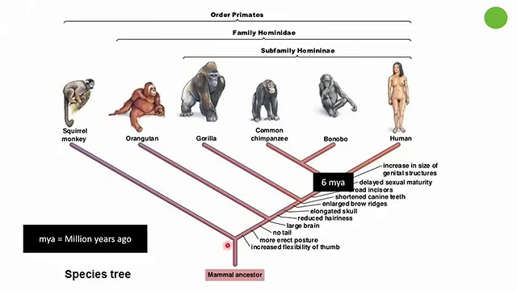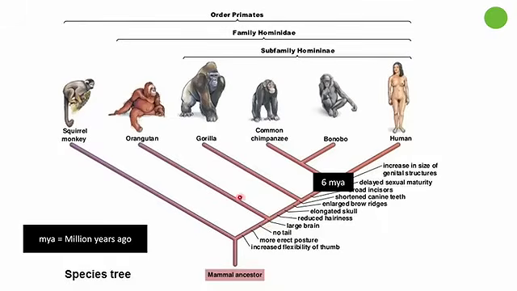Over time, we find that the organisms have evolved, and with each special new adaptation that took place, the organism changed slightly. So here we've got our squirrel monkey, which is one of the first existing apes. Then over time, additional features were added, like not having a tail, development of a larger brain and erect posture.